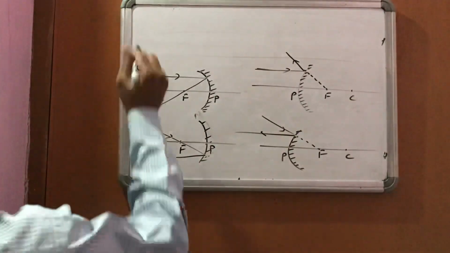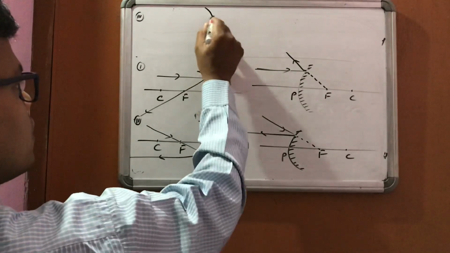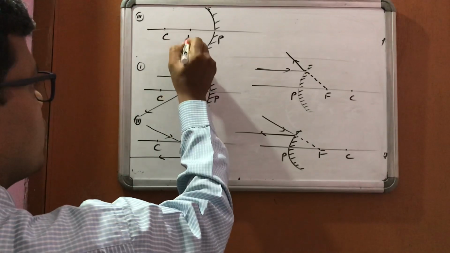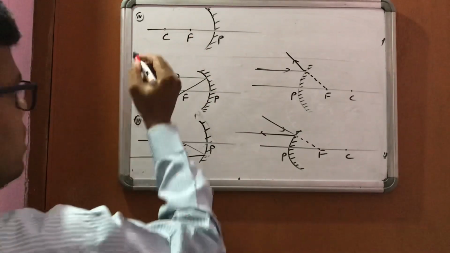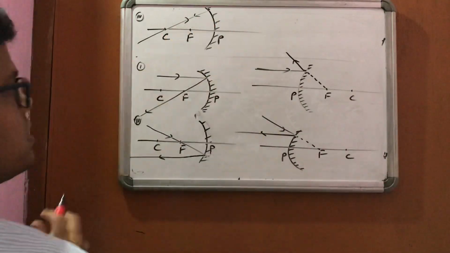Third rule is the light ray passing through the center of curvature retraces the same path.